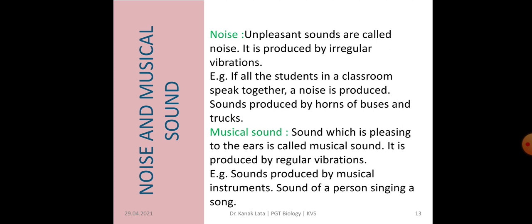In contrast to noise, when sound is pleasing to our ears, it is called musical sound. It is produced by regular vibrations. For example, the sound produced by any musical instrument, or the sound of a person singing a song. So these produce musical sound which is pleasant to our ear.